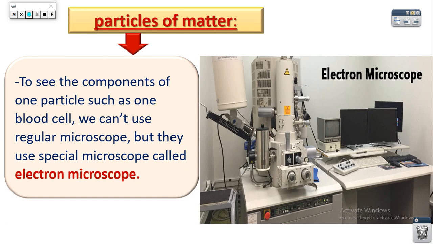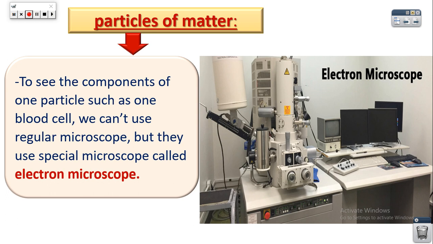If we take a small piece of matter and put it under a regular microscope like we have in our school science lab, we can see the particles of matter. But to see what the particles of matter consist of, the particles are very, very small. To see the inner structure of the particles, we need to make them bigger 1,000 times.